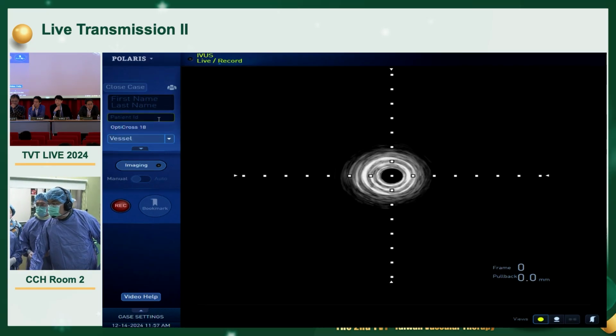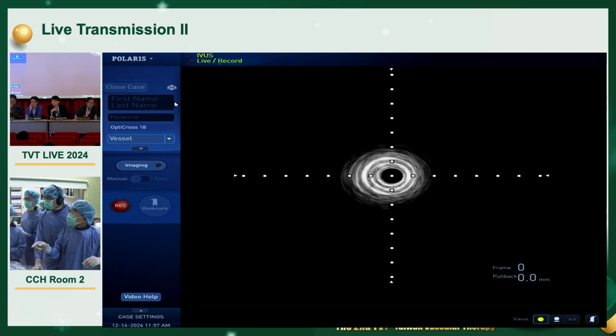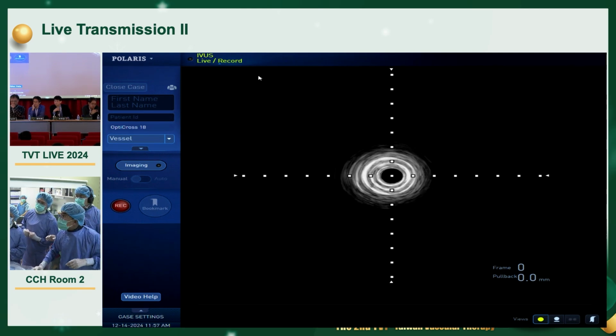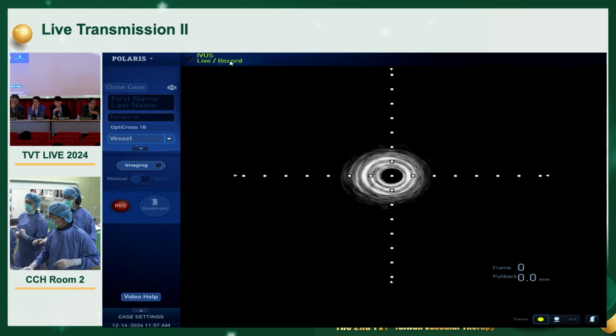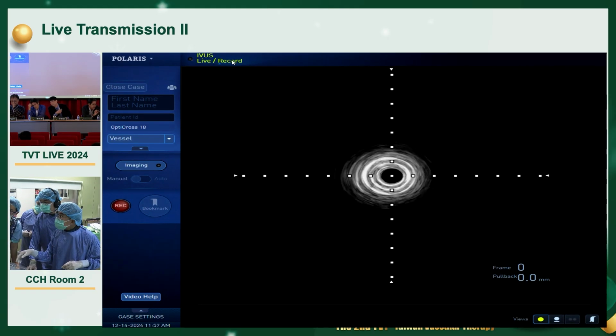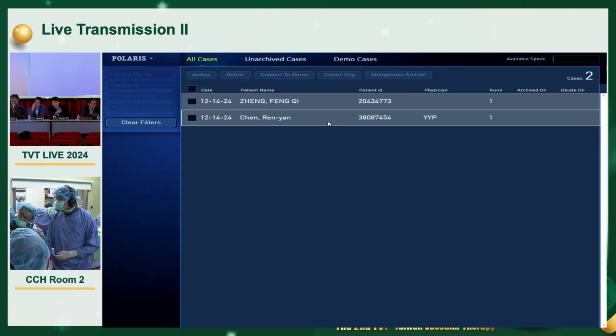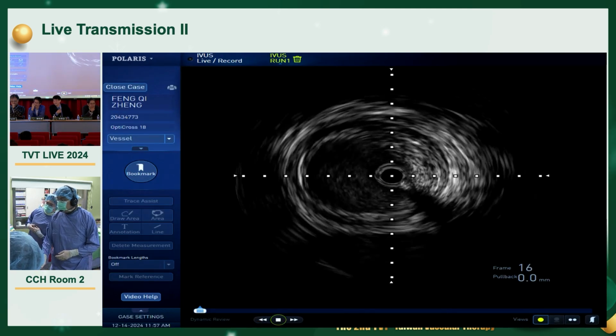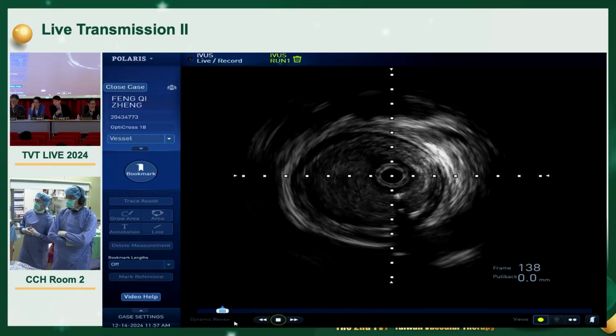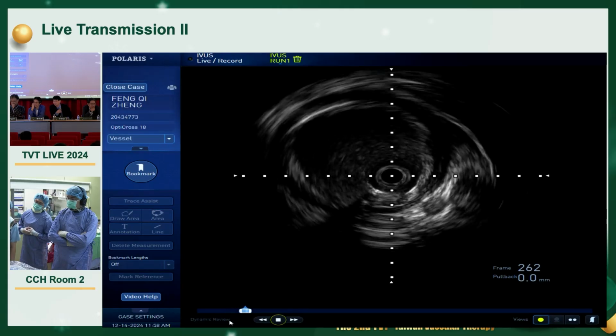We pull back the IVUS from the popliteal artery, and in the P2 and P3, there is no stenosis.